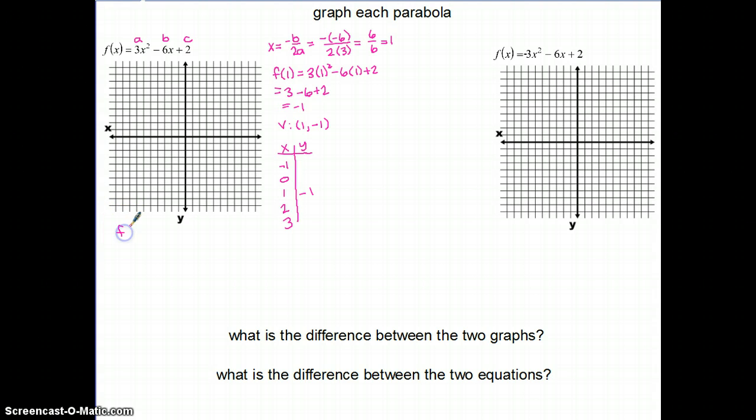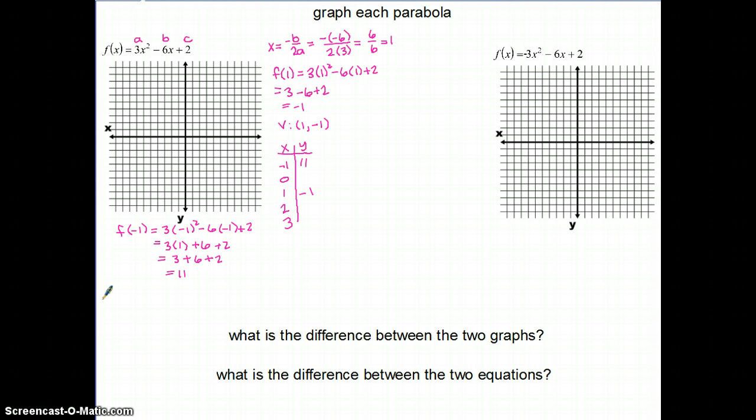F of negative 1 means I'm plugging in a negative 1 everywhere I see an x. 3 times negative 1 squared minus 6 times negative 1 plus 2. Negative 1 squared is a positive 1. Negative 6 times negative 1 is a positive 6, plus 2. 3 times 1 is 3, plus 6, plus 2 gives us a positive 11.